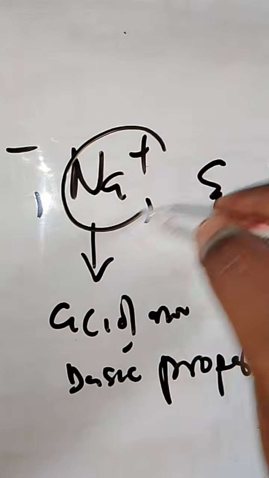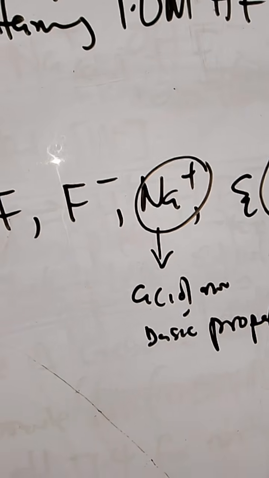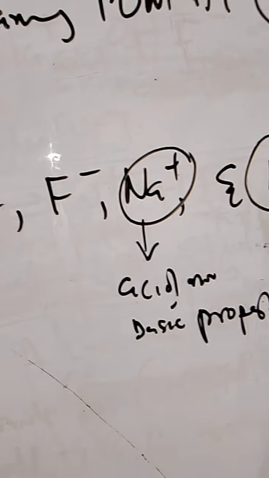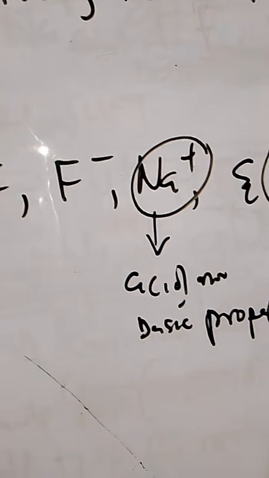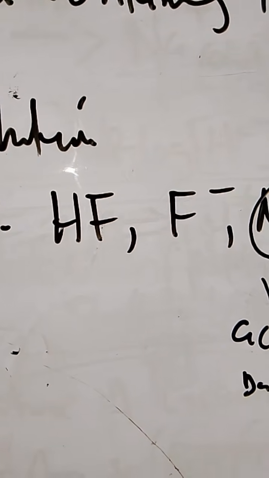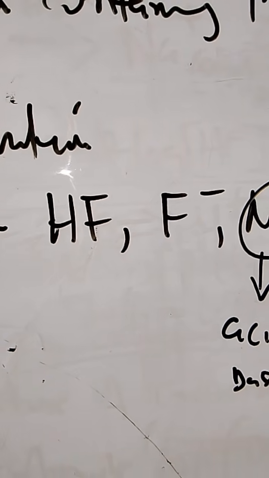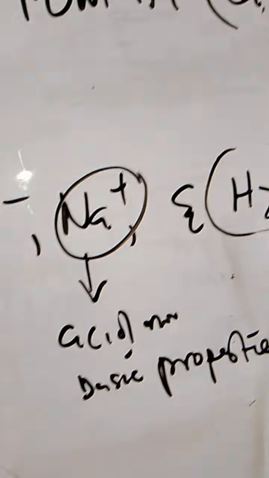So these two do not participate in the acid dissociation equilibrium. What participates is simply the hydrofluoric acid and fluoride ion. That's what controls the acid dissociation equilibrium. So we rule out the sodium ion and water.